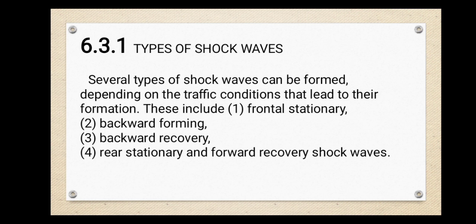An observer will see that this point moves upstream as traffic continues to approach the vicinity of the bottleneck, indicating an upstream movement of the point at which flow and density change. This phenomenon is usually referred to as a shock wave in the traffic stream.